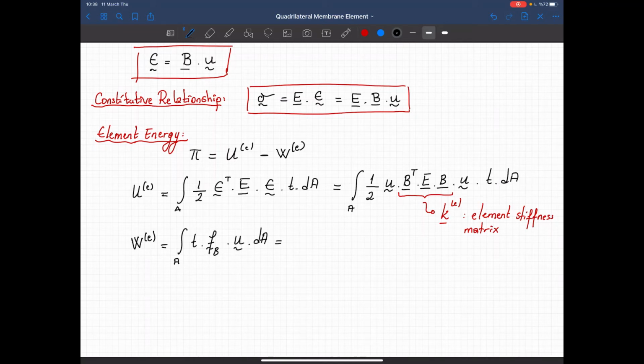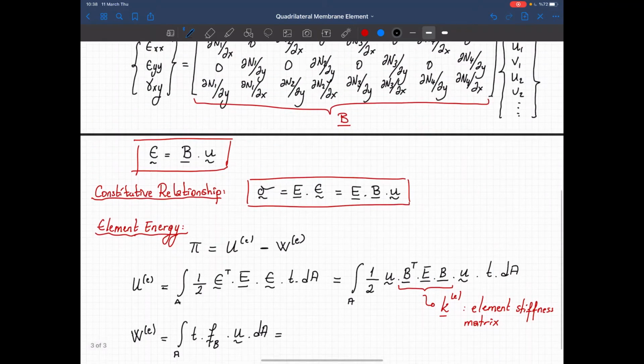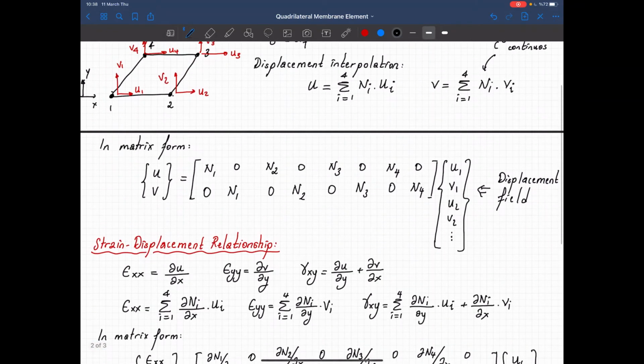And for the displacements, I can just put our displacement interpolation, which is this one, or we can simply write it as follows: U is equal to N times Ui.